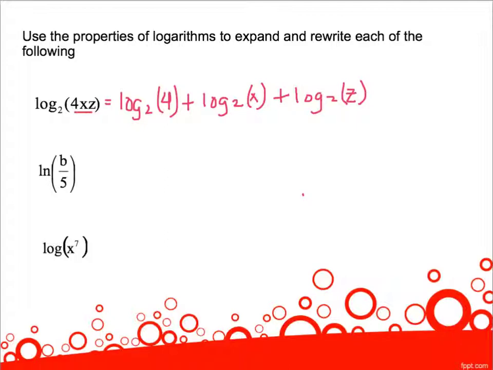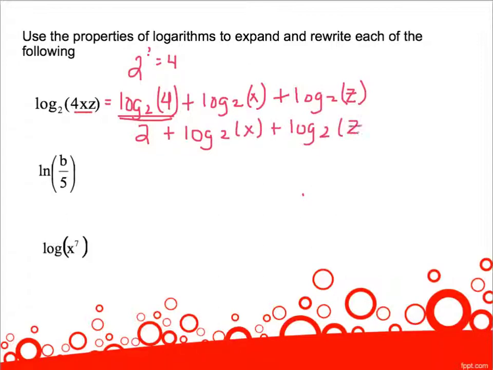When we have multiplication, it becomes addition problems. Now, one of the things you do need to check with numbers is, can I evaluate these? So log base 2 of 4 means 2 to the what equals 4. And I know that value is 2. So this can be rewritten as 2 plus log base 2 of x plus log base 2 of z.